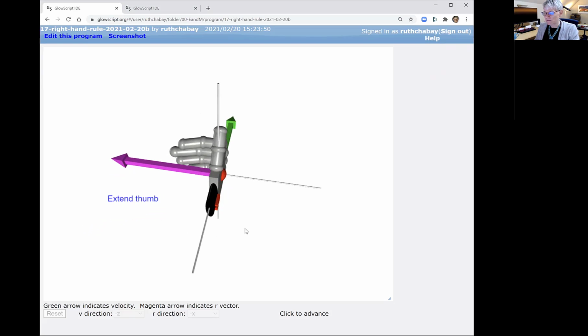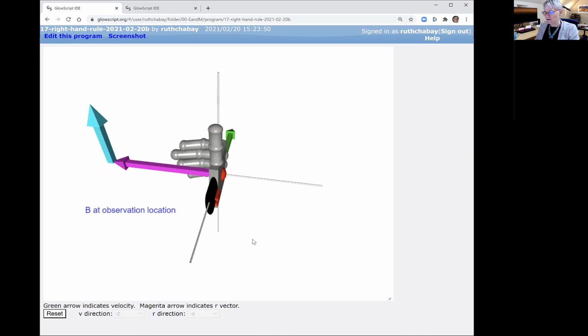And our thumb sticks straight up in the plus y direction, exactly what you predicted. And so now we have to move that vector to the observation location. And so in fact, for velocity in the minus z direction, an observation location on the minus x-axis for a moving proton, we will indeed get the magnetic field.